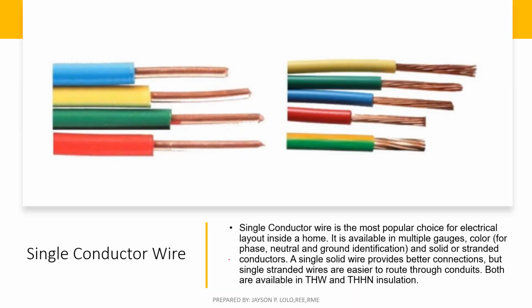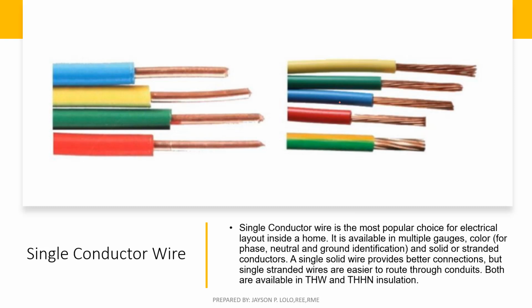Now we have the single conductor wire. This is common, everywhere in the market, already available as a single conductor wire. It is the most popular choice for electrical layout inside the home. It is available in multiple gauges like AWG, and colors, because color represents phases.